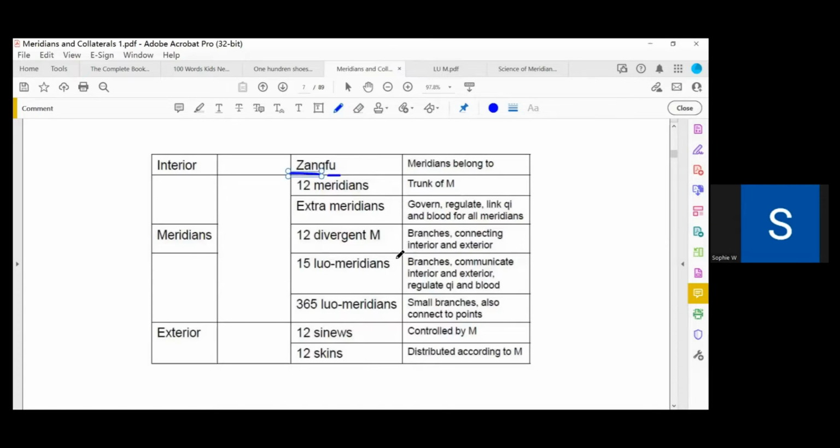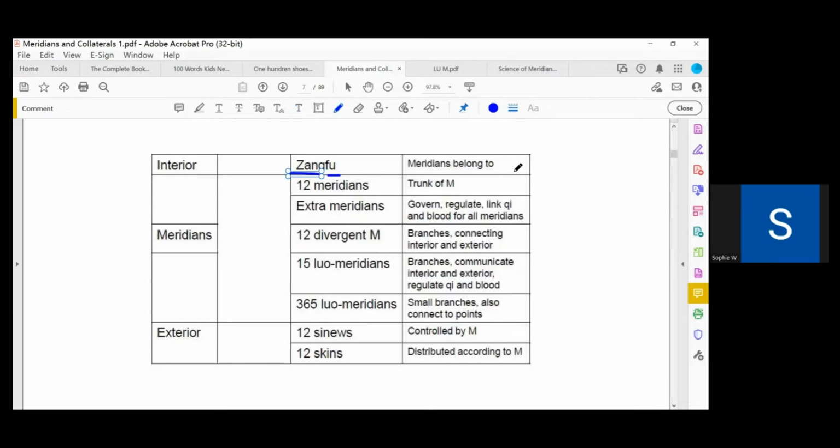Zang organs and fu organs. We will talk about the 12 organs here. That's why we have 12 meridians. So each meridian belongs to one zang organ or fu organ.